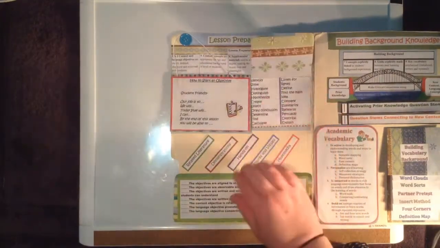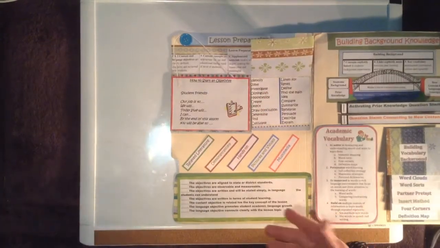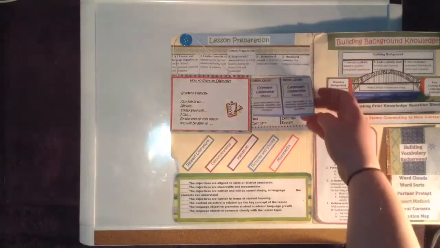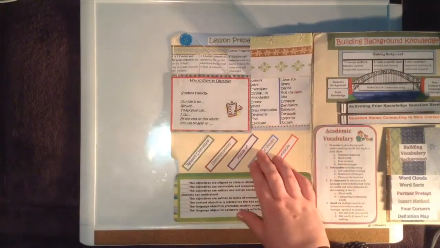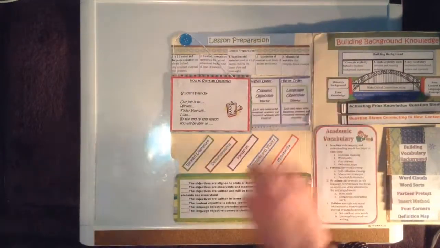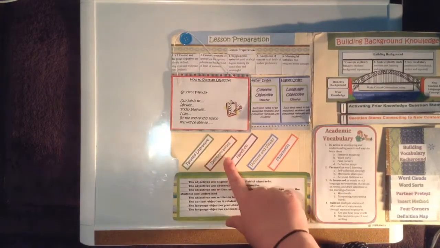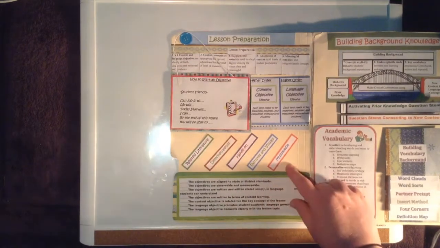Some content objective verbs are identify, solve, investigate, distinguish, create, select, draw conclusions, and some language objective verbs are listening, retelling, defining, finding the main idea, and there are just a few others. So related to literature, demonstrations, hands-on, pictures and visuals, and multimedia.